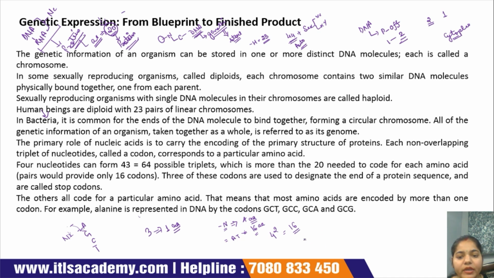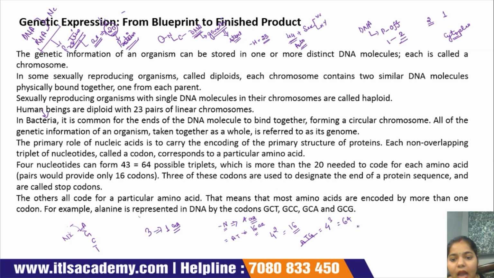Now we take a combination of 3, for example A, T, G. Total number of nucleotides is 4, with a combination of 3.